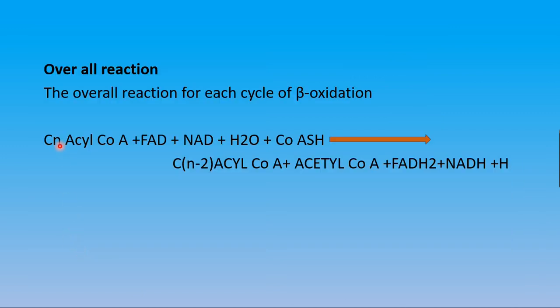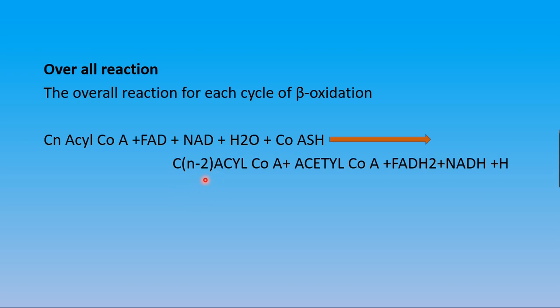Okay, let's see the overall reaction of this beta oxidation of fatty acid. So we have n number of carbons, giving rise to acyl CoA, and that is going to react taking one molecule of FAD, one molecule of NAD and water. That we know, the hydration step involves water and coenzyme A. And finally, we are going to get n minus 2.